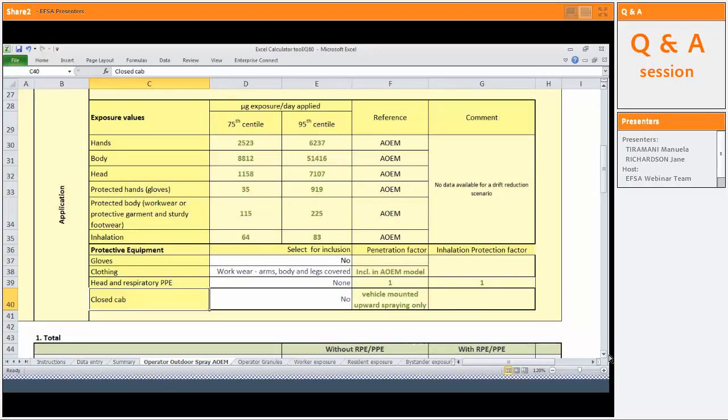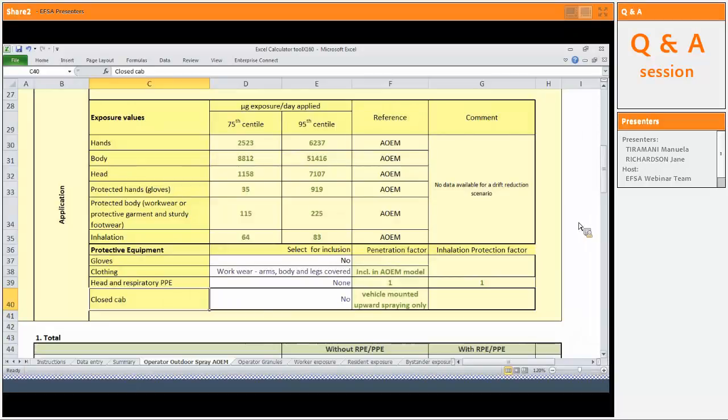For downward spraying, the closed cabin isn't available because there wasn't data of cases where the application was done using a closed cabin. Yeah, that's an important point, because so far we didn't have anything available for closed cabin. Yeah. Now we have something, so that's a very good example.